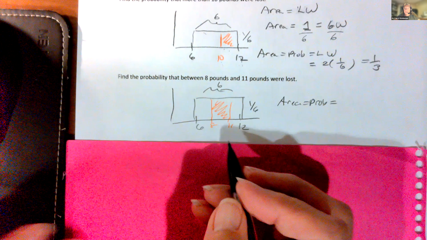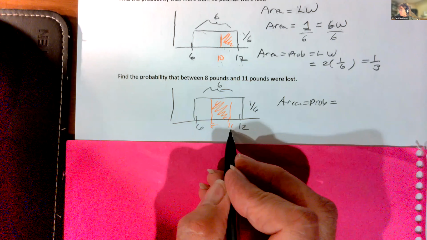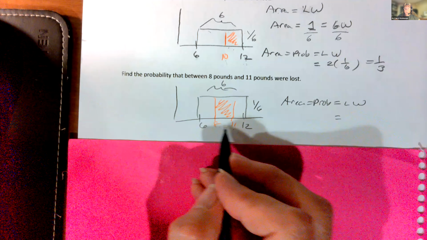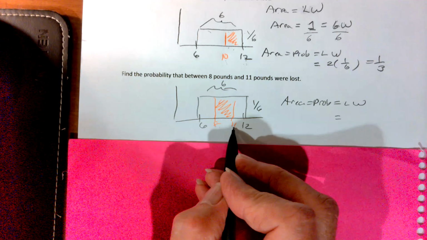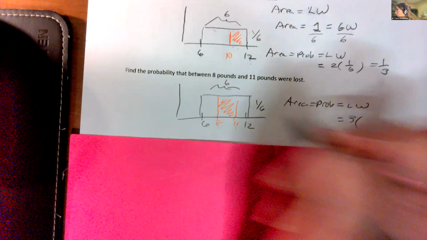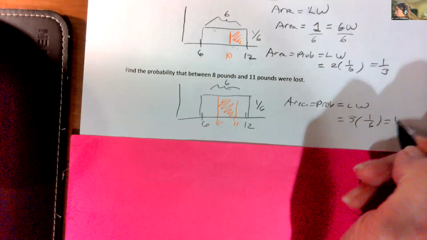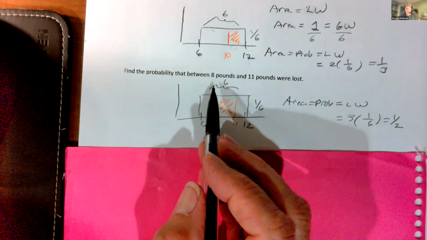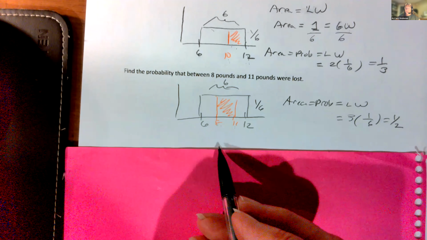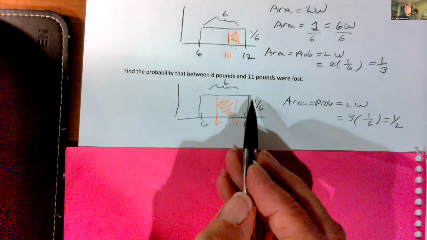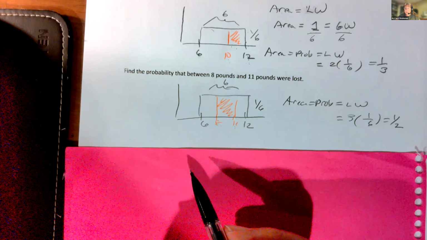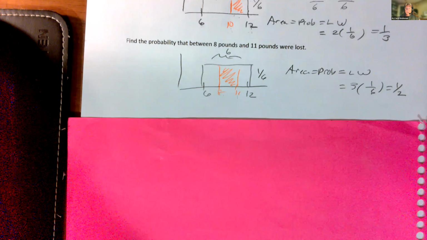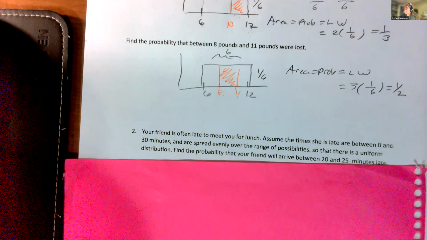Okay, so how far is it from 8 pounds to 11 pounds? How far do I go to get from 8 pounds to 11 pounds? 3. 3. So it's 3 times, and again, my height is 1/6, so this is 1/2. So the probability that I lose between 8 and 11 pounds is 1/2. That's 1/2 of the area inside of this whole probability distribution, or density curve, actually, is more correct terminology.